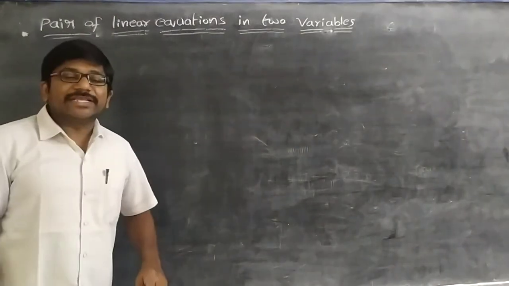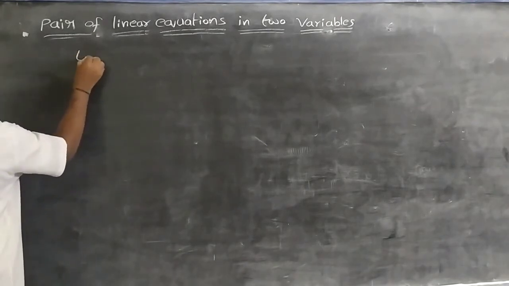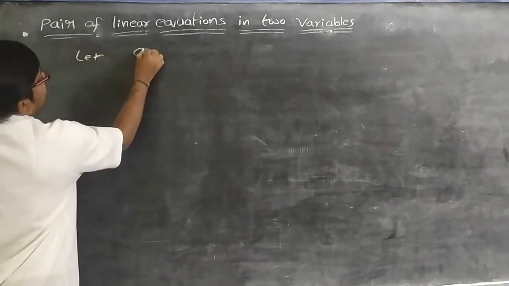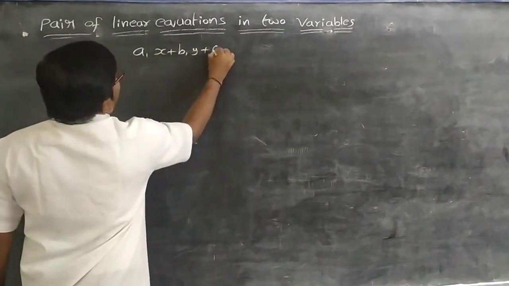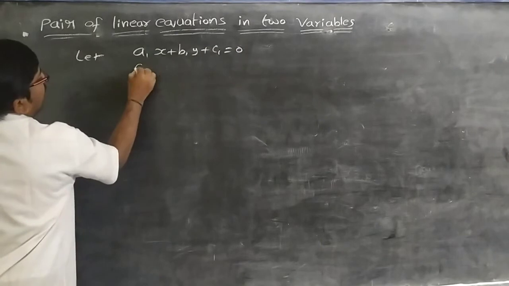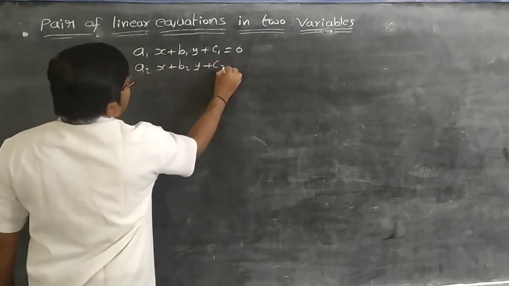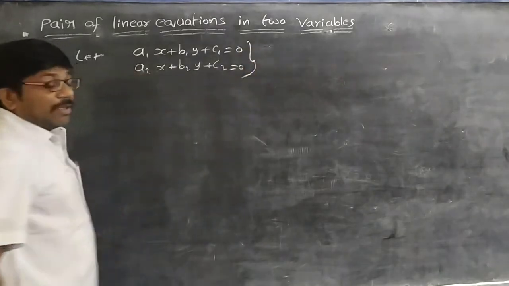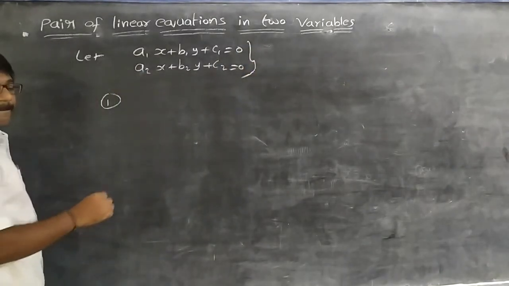Yes, once again listen to the three conditions. Let the pair of linear equations be a1x plus b1y plus c1 equal to 0 and a2x plus b2y plus c2 equal to 0. It is a pair of linear equations. The first condition, listen carefully.